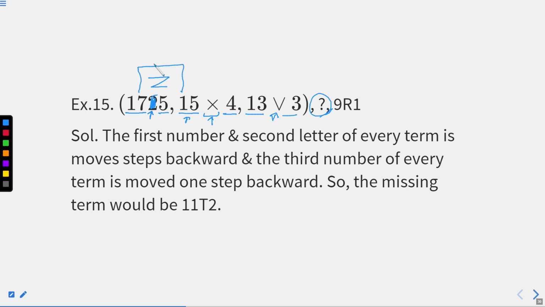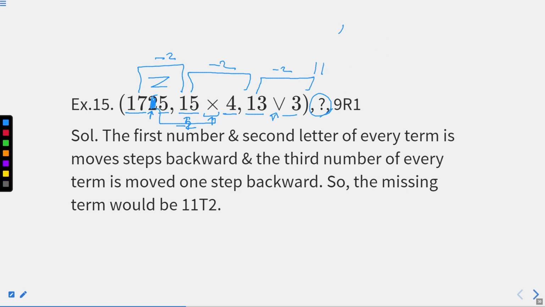We know 17 minus 2 gives us 15. Z minus 1 gives us X. Then minus 2 is this, and again minus 2. So if we subtract 15 minus 2, we are getting 13. So in the next number, if we subtract 13 minus 2, we are going to get 11.